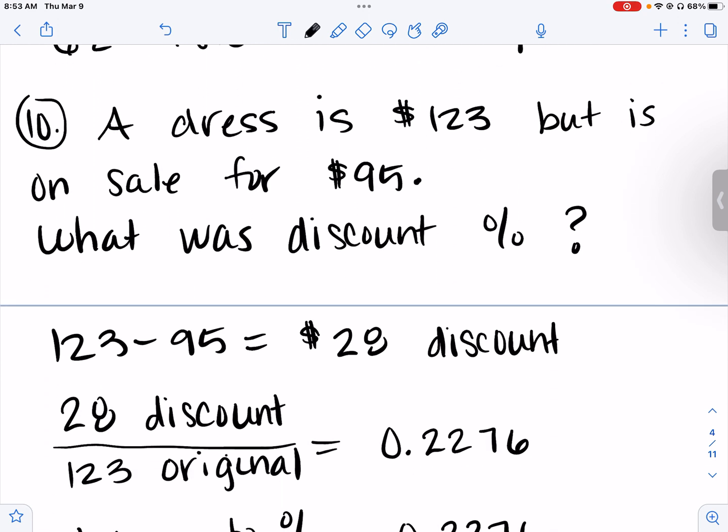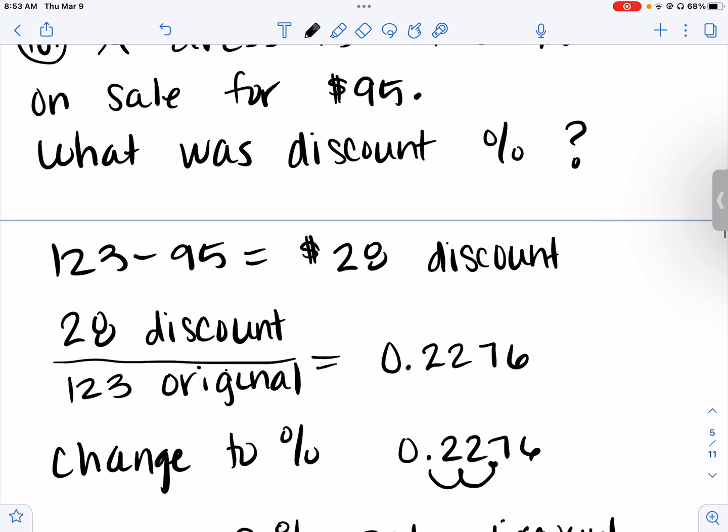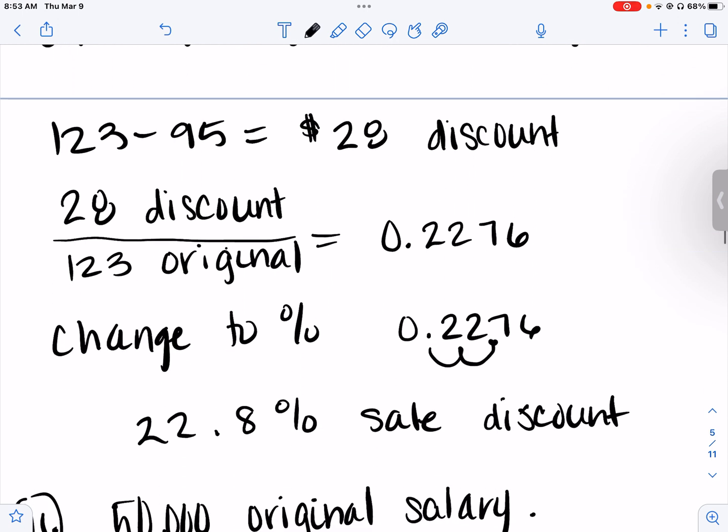Number 10, a dress is $123, but is on sale for $95. What was the discount percent? Well, first we have to find the discount dollars. So 123 original minus 95 sale price equals a $28 discount.